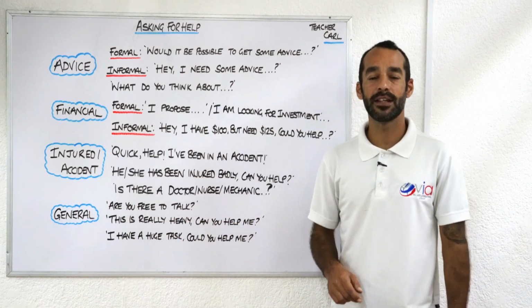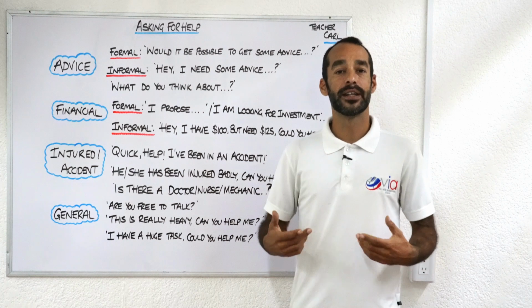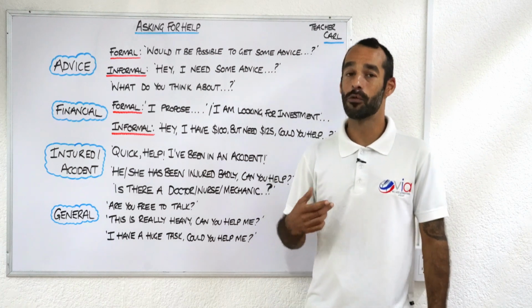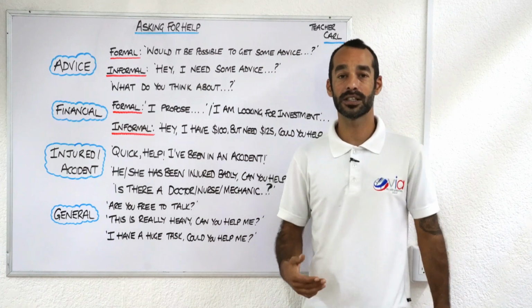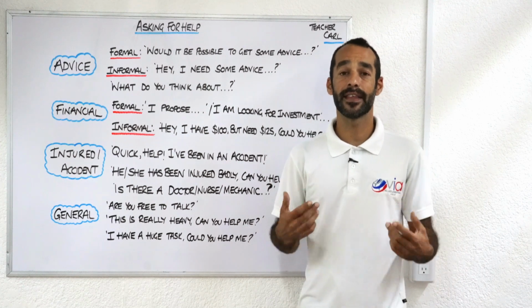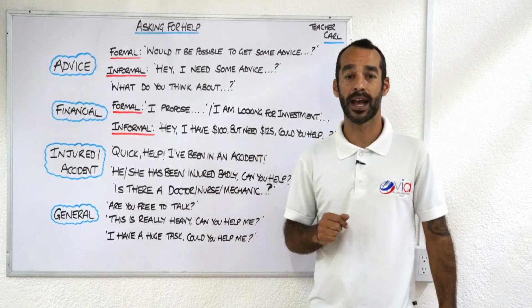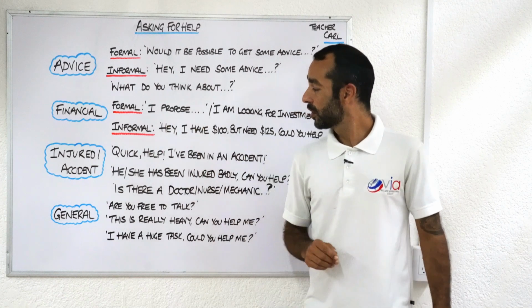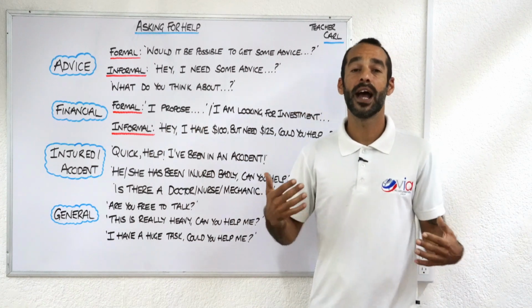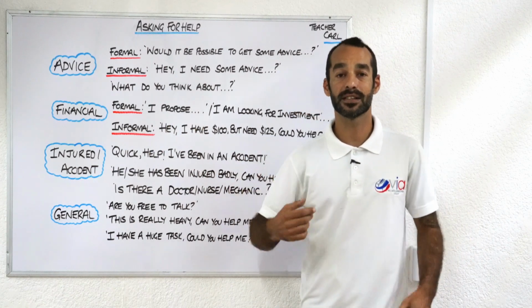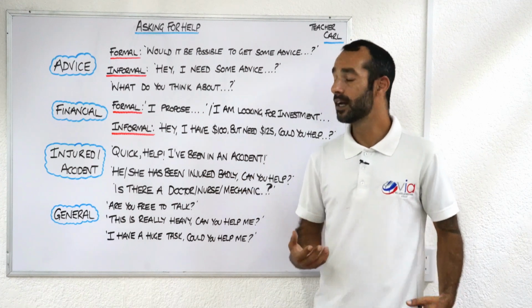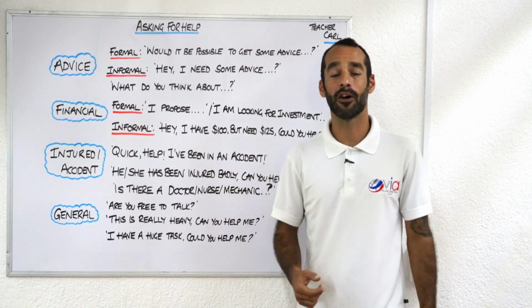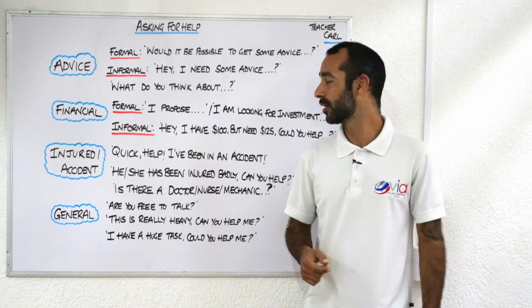Next, if you are injured or in an accident. Now, there's definitely going to be no formal or informal way of asking because you're going to need to get the help as quickly as you can. So you're looking to say something like quick help, in order to convey the severity of the meaning. How quickly do you need the help and why do you need it so quickly?